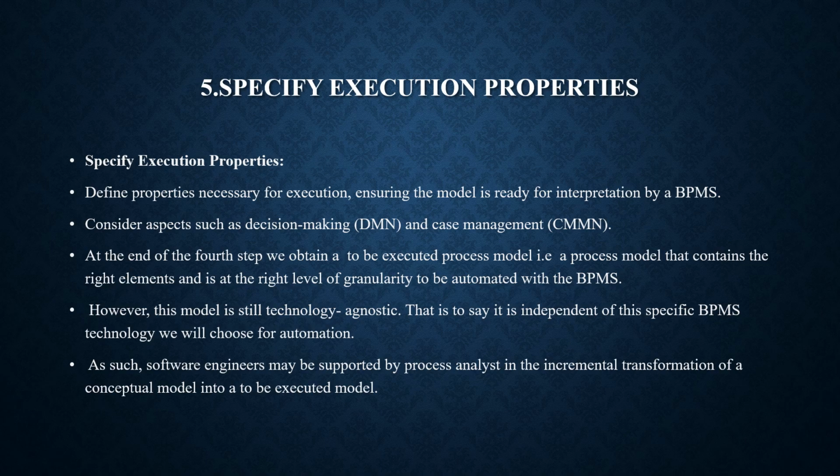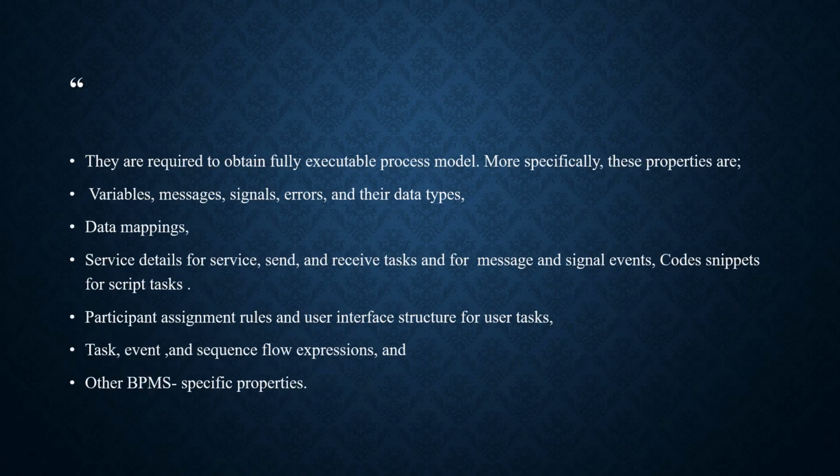At the end of the fourth step, we obtain a to-be executable process model, a process model that contains the right elements and is at the right level of granularity to be automated with a BPMS. However, this model is still technology agnostic, that is to say, independent of the specific BPMS technology we will choose for automation. Software engineers may be supported by process analysts in the incremental transformation of a conceptual model into a to-be executable model.